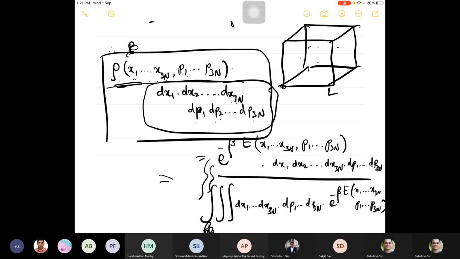You evaluate that function at that point, times the volume element, divided by the normalization factor. That is the probability. That's the correct way to define it for a continuous energy spectrum.